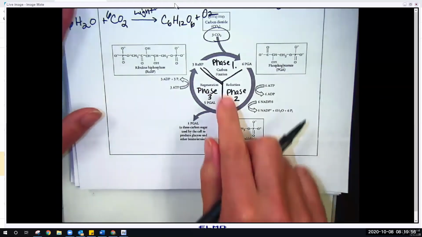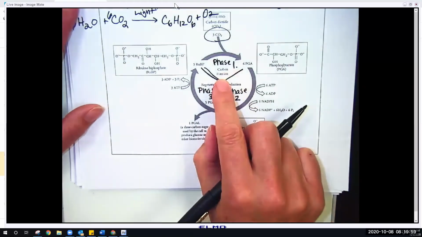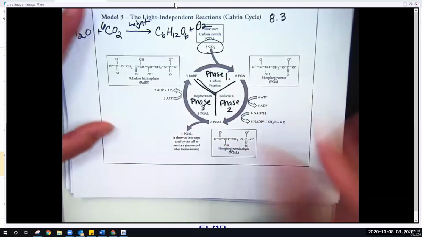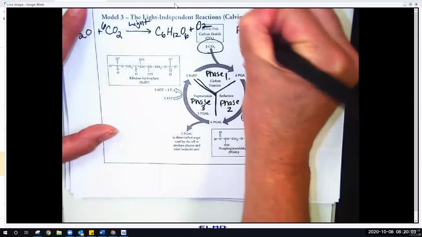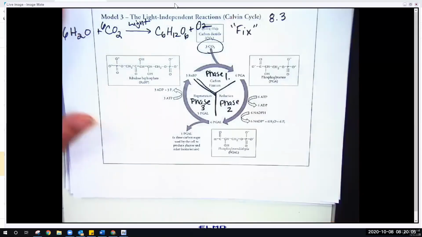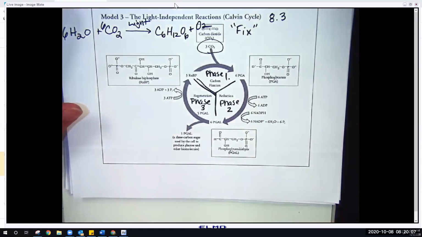So the first phase is carbon fixation. To fix something is a weird term that we use in biology, or in environmental science.